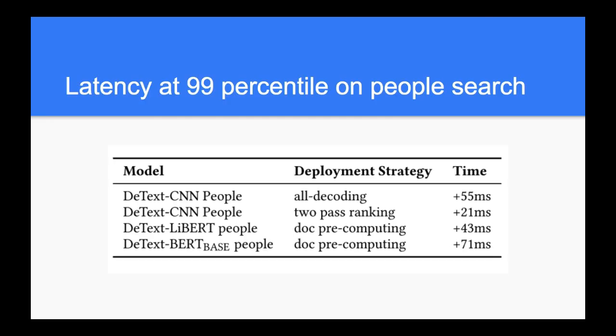And also when you deploy the search engine online, the one thing you care most is latency. And what is the most important metric for measuring latency is latency at 99 percentile. Basically is to find out the 1% slowest searches.